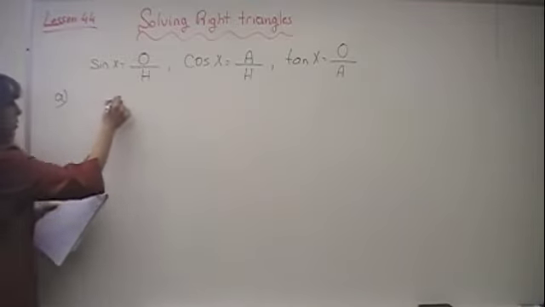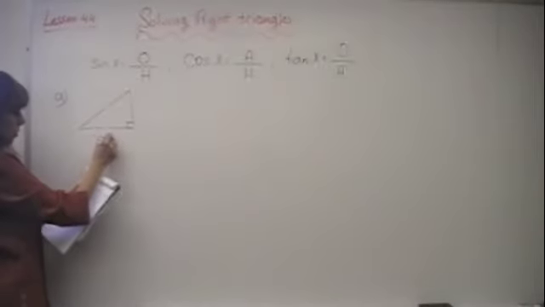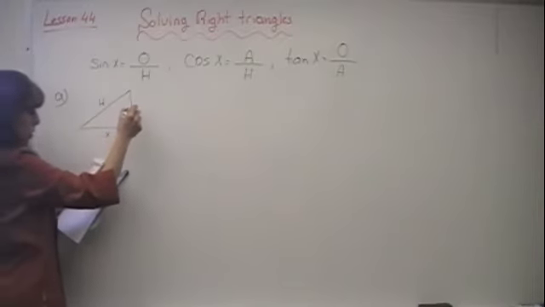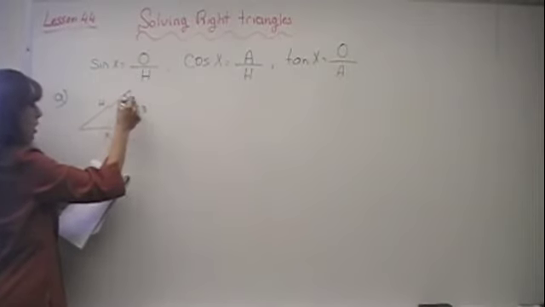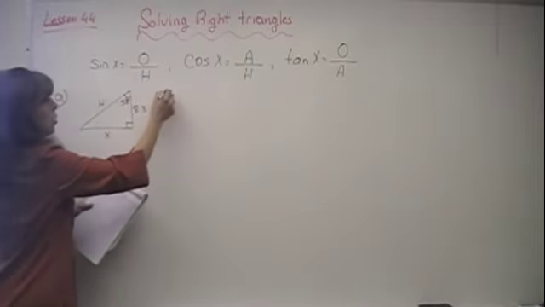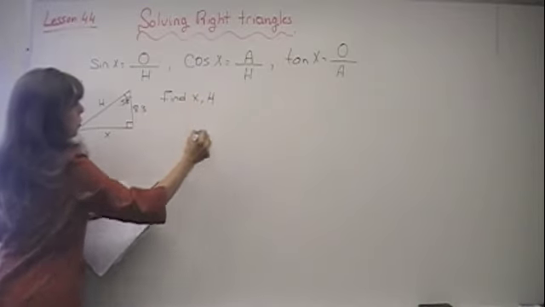The first example, we have a right triangle with sides x and h, one side 8.3, and an angle of 58 degrees. The question is find x and h.